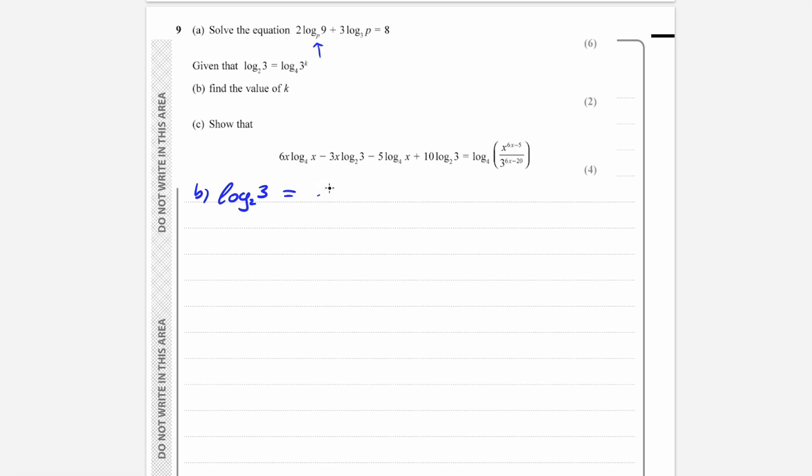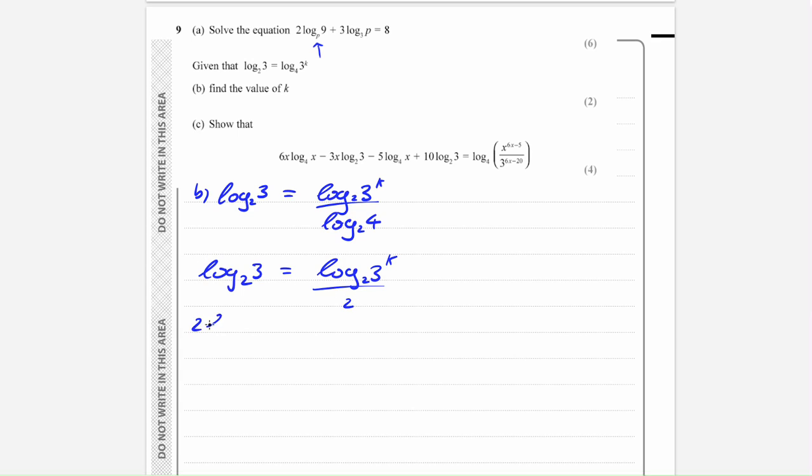So this becomes, same idea, guys, log 3 to the k over log 4 and then base 2 like this. The bottom is 2, so this becomes log 3 base 2 equals log 3 to the k base 2 all over 2. Log 4 base 2 is 2. Now I can multiply across by this 2 here.